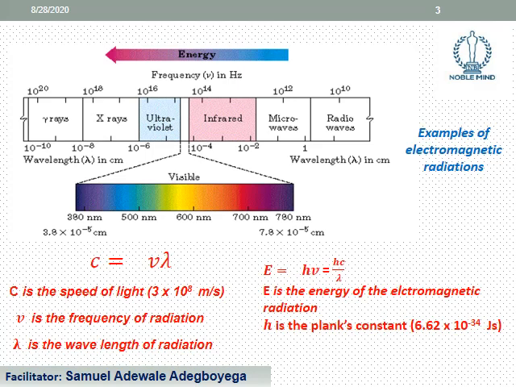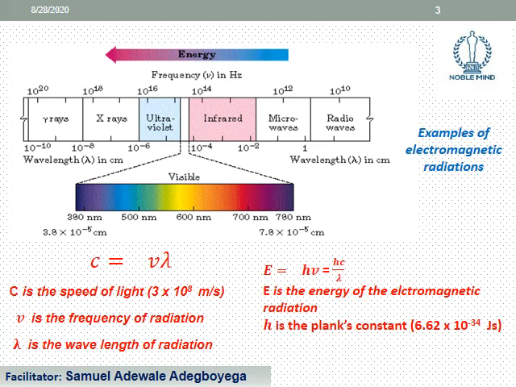Let's go down a bit and look at the formula below. You see c equals frequency multiplied by lambda, that is the wavelength. c is the speed of light, which has a value of 3 times 10 raised to power 8 meters per second, and the symbol ν is the frequency of radiation, where lambda is the wavelength of radiation.